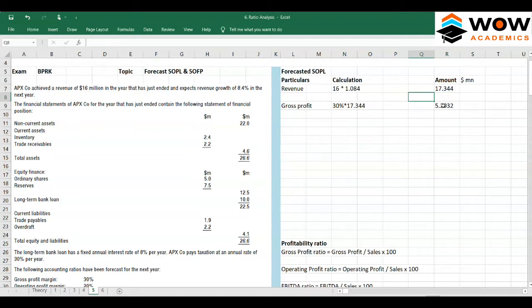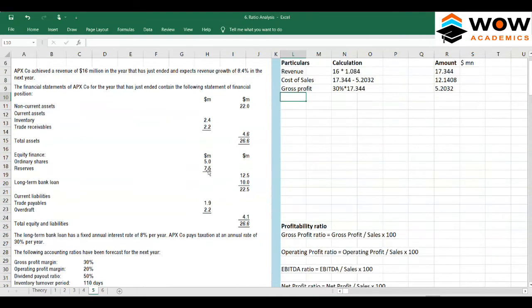The difference between these two numbers, 17.344 minus 5.2032, that number will be the cost of sales. Right, so that's done.